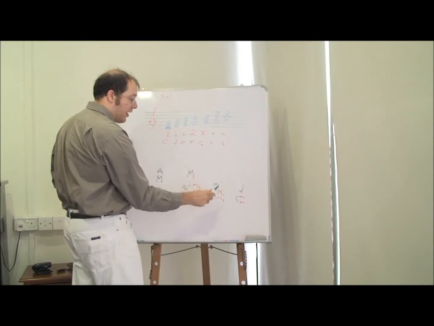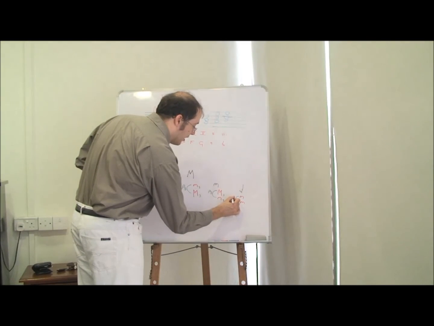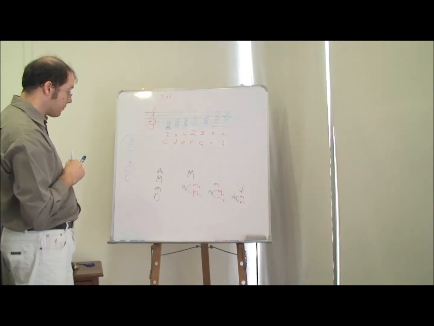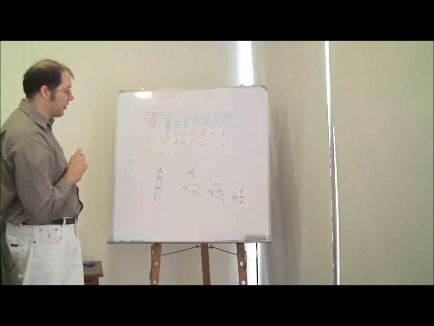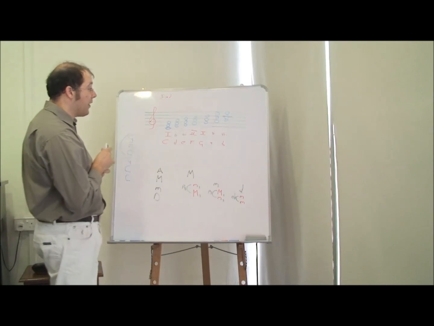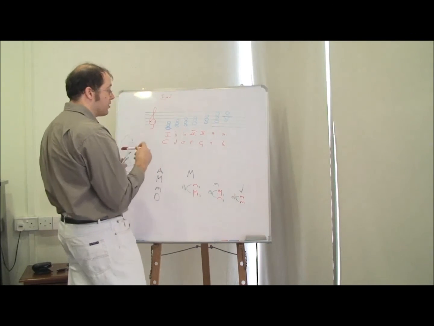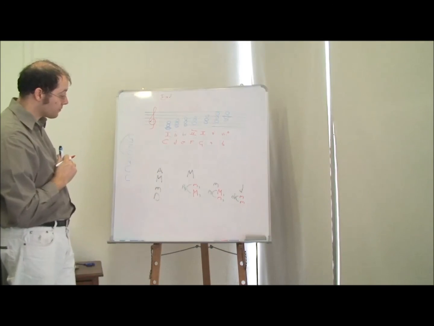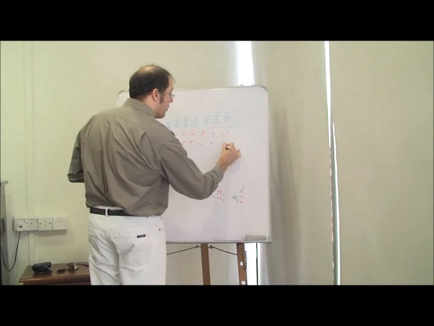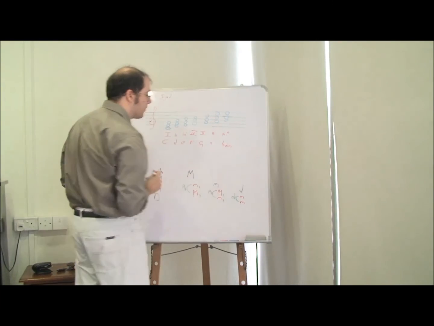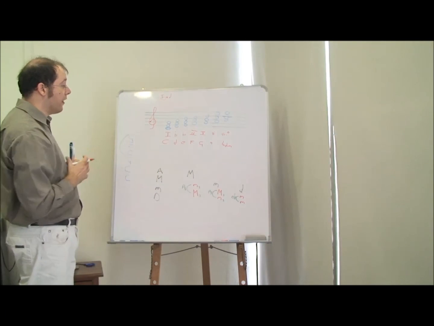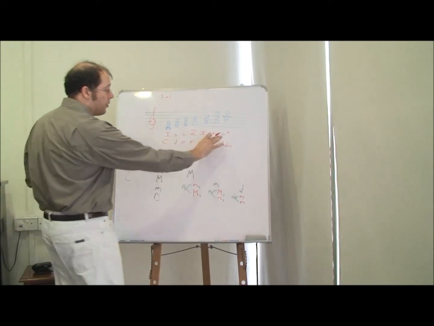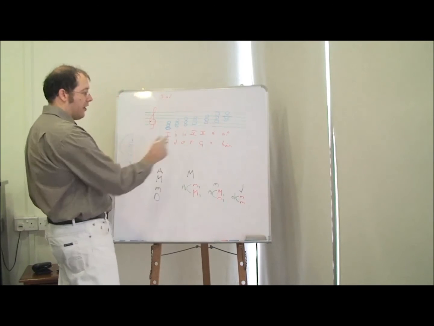You get perfect, and then one step smaller is a diminished fifth. So that's our diminished triad. To write the diminished, you can do a little circle, or you can write dim, or whatever convention the system you're using has. But it's with a small letter and the little circle.